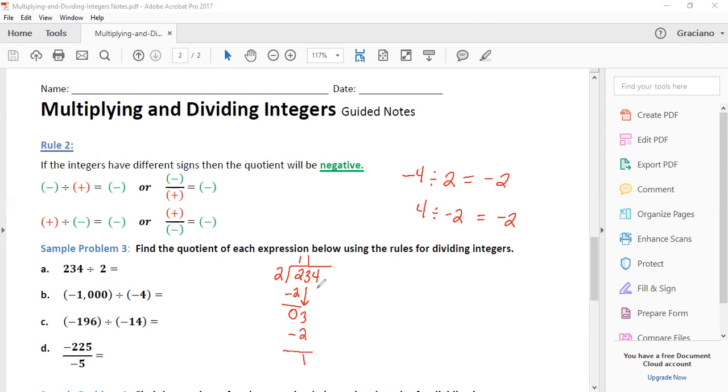And now I need to bring down my 4. All right, so now 2 goes into 14 7 times, and this is my answer, 117.